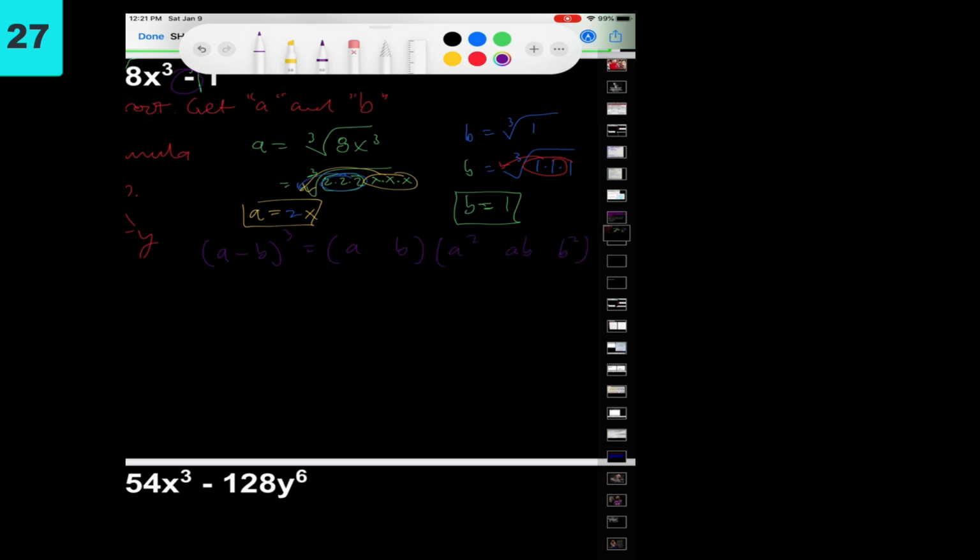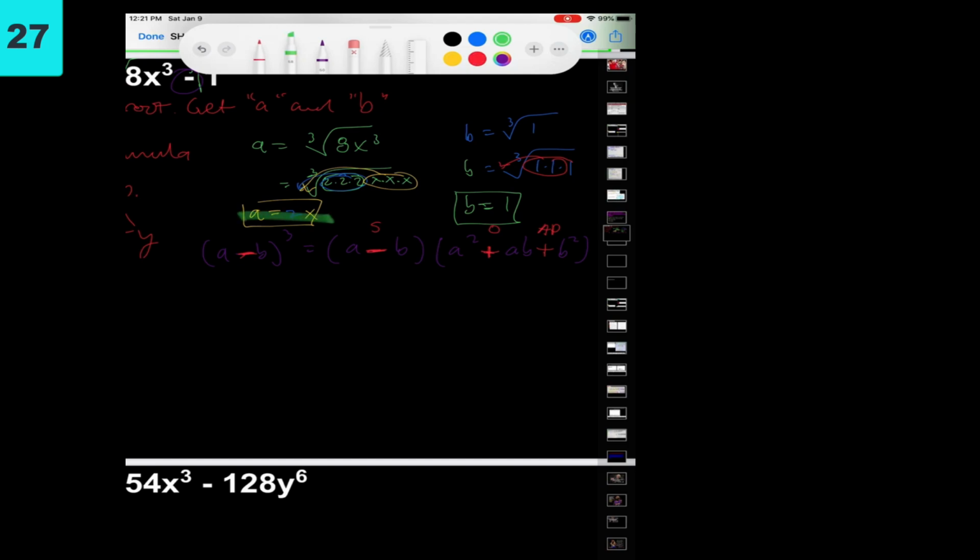And then the signs: same, opposite. What's opposite of negative? Positive. And then always positive. Okay? And what we're going to do here now is just substitute in our values.